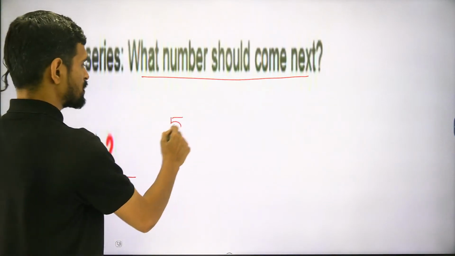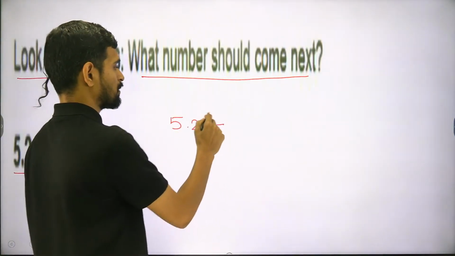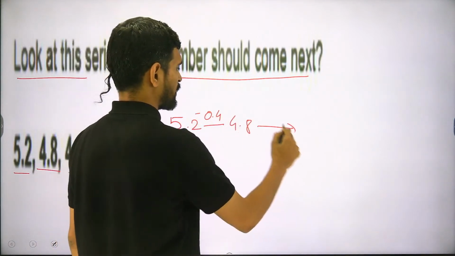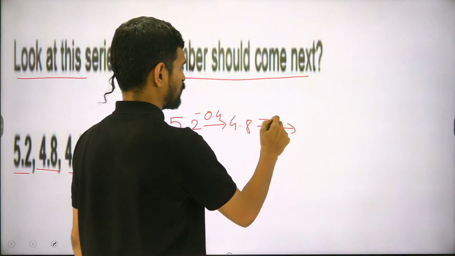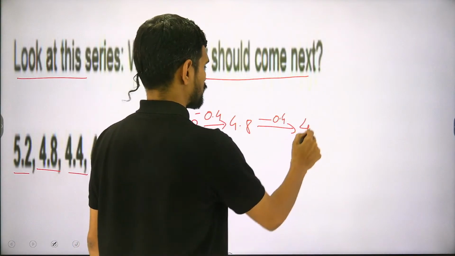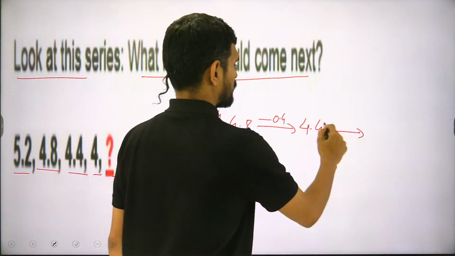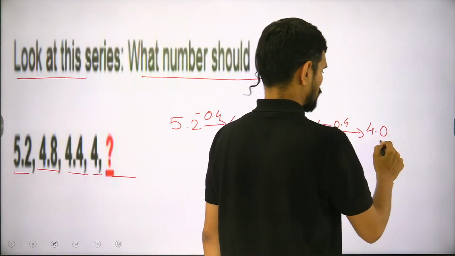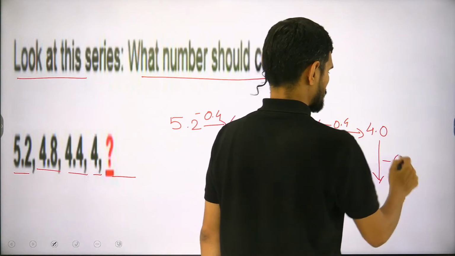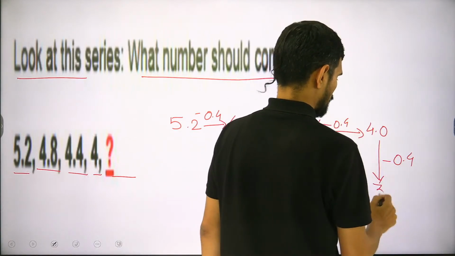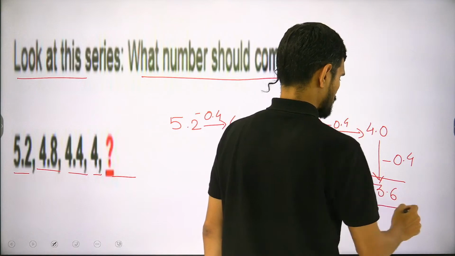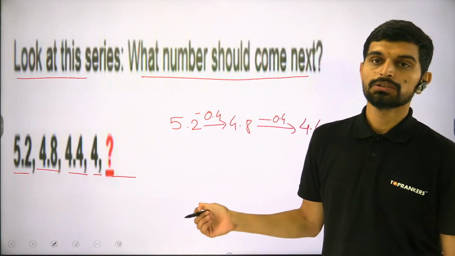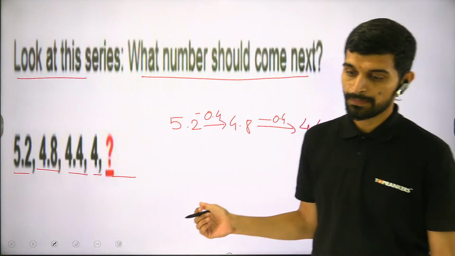If you see the difference, this is minus 0.4 giving us 4.8, minus 0.4 again giving us 4.4, minus 0.4 again giving us 4.0, and minus 0.4 will give us 3.6. So the correct answer to this one should be 3.6, right?